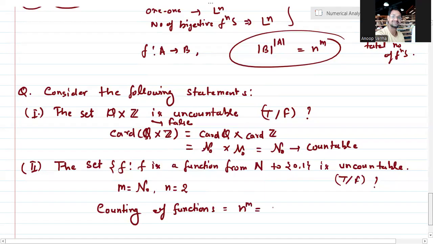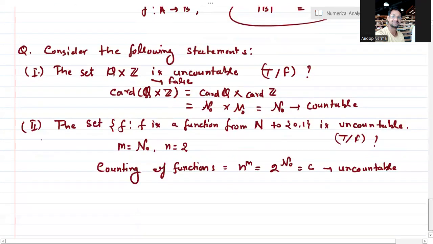So that will be equal to 2 to the power aleph naught, and this is proved, defined by Cantor, to be equal to C, and this is uncountable. So this is a true statement.